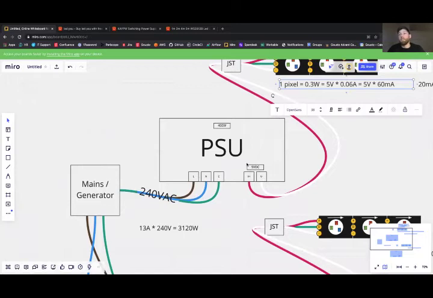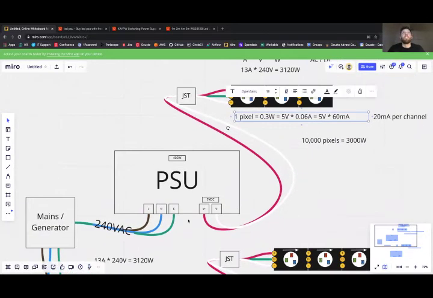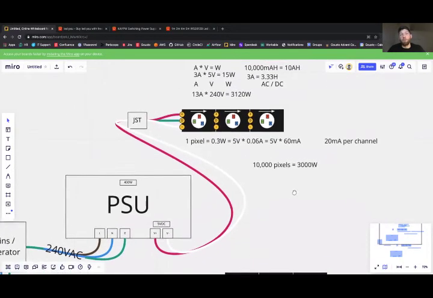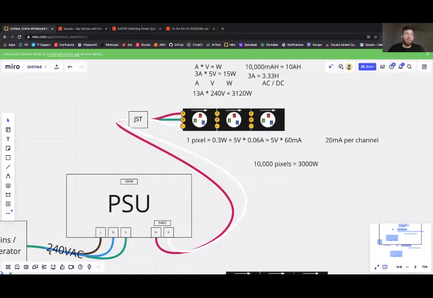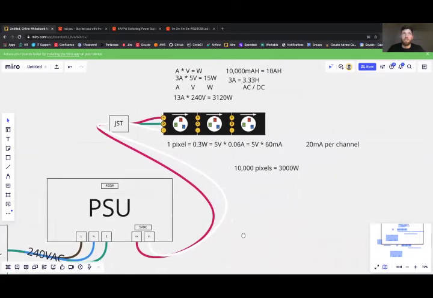So put the PSU near the LEDs, and this line carrying power from your PSU to your LEDs, to your load, as short as possible. Because 240 volts is less susceptible to voltage drop, and the appliances 240 volts typically run are less vulnerable to lower voltages than these low power or low voltage circuits.